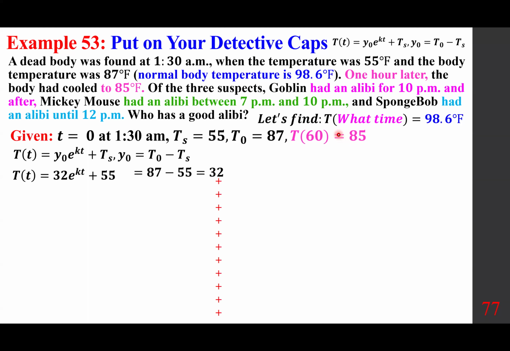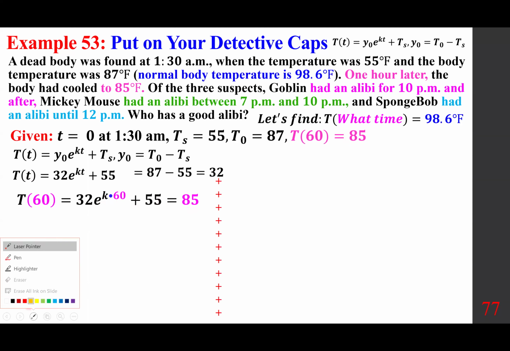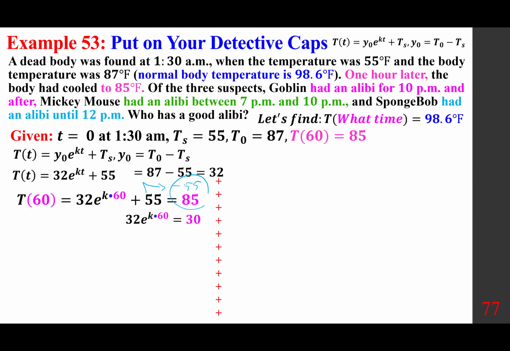So T of 60. If I replace the t with 60, I should get 85. So T of 60 is 32 e to the power of k times 60 plus 55. I should get 85, which means I'm going to solve it by moving 55 to the other side. This gives me 30. I'm going to divide by 32.